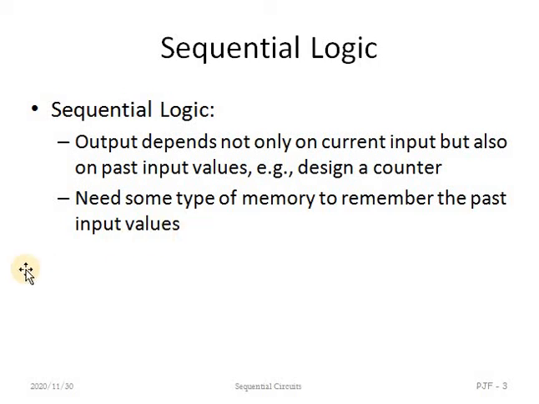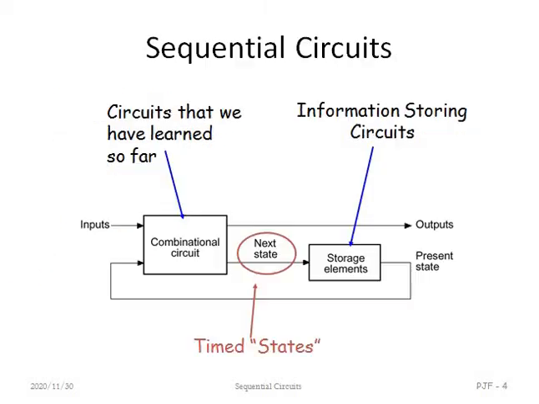With the help of a block diagram I will explain what a sequential circuit is. So this is the block diagram of a sequential circuit. See here, it has a combinational circuit, which is what we discussed in unit 3, and a storage element. The output of the storage element is a feedback path, which is given as an input to the combinational circuit.